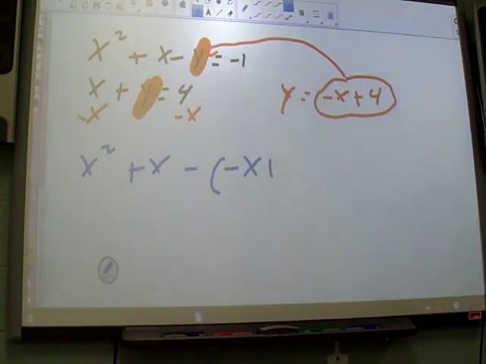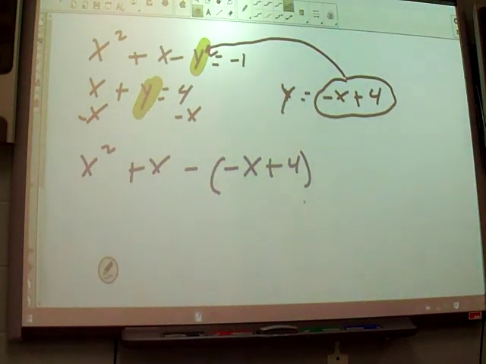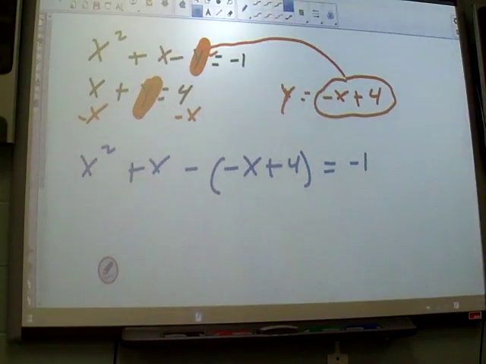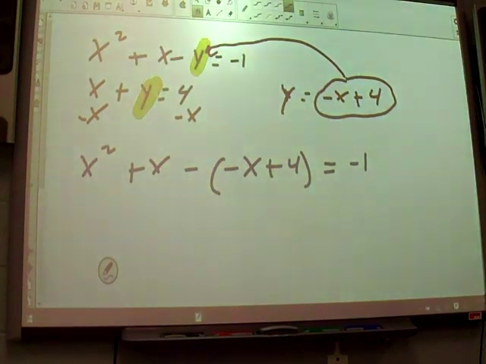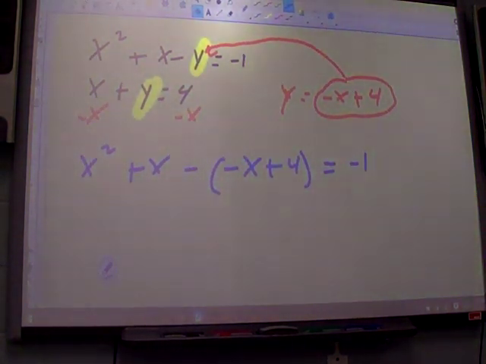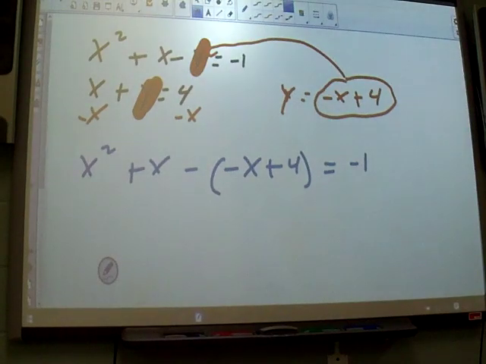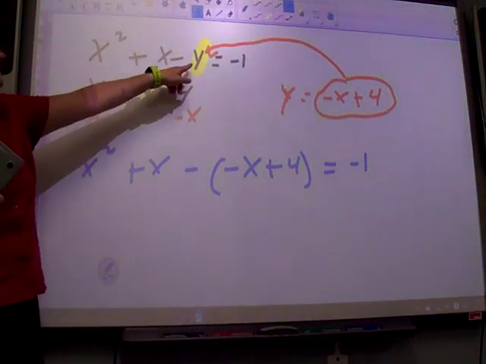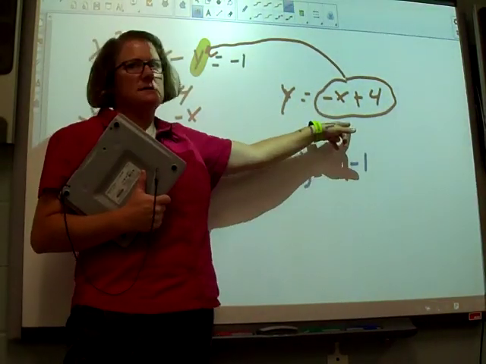And it's negative x plus 4 equals negative 1. Okay, everybody see what we did? Just brought all the first part of it down like it was. And then instead of y, I put what y was.